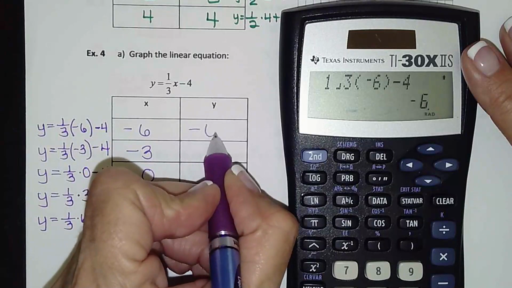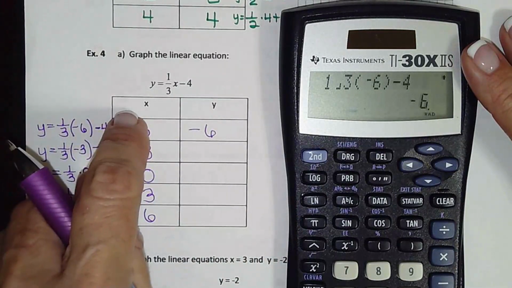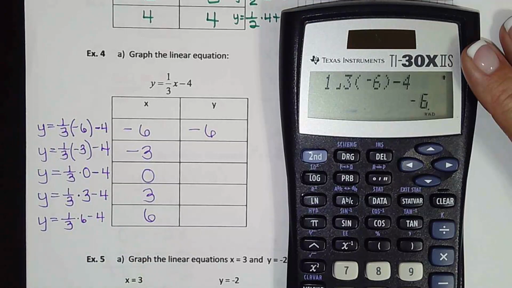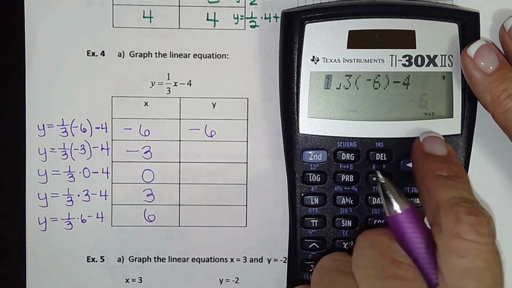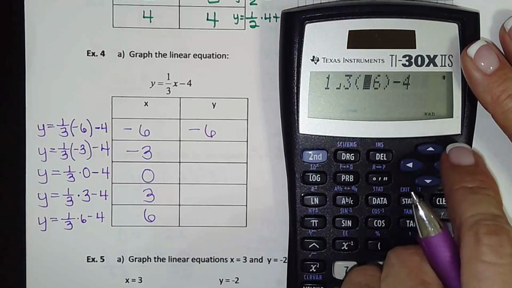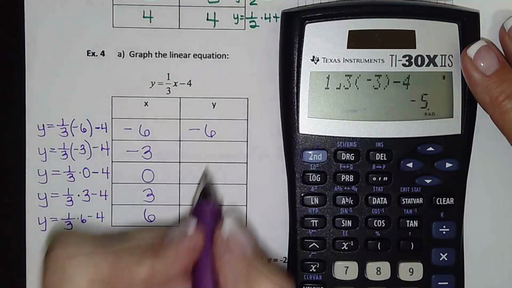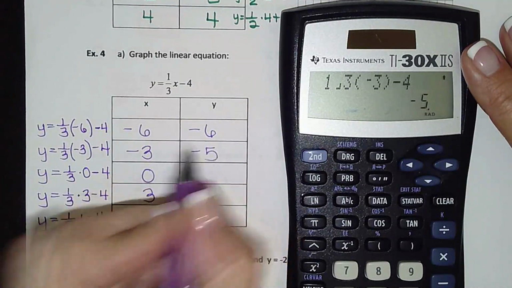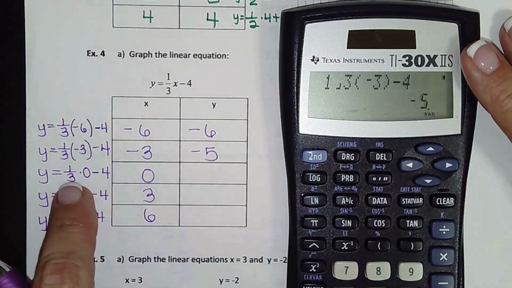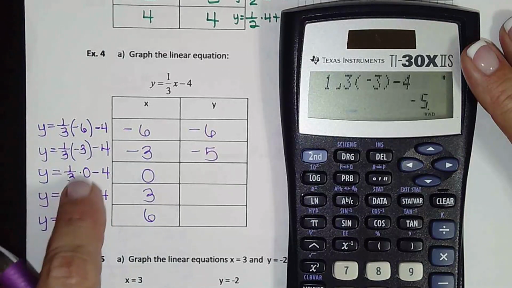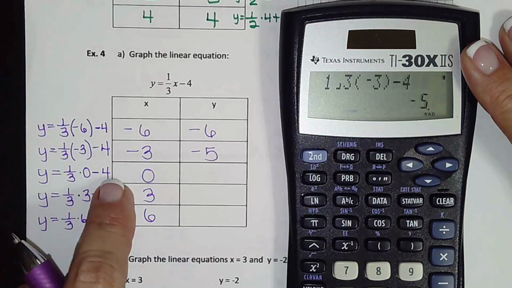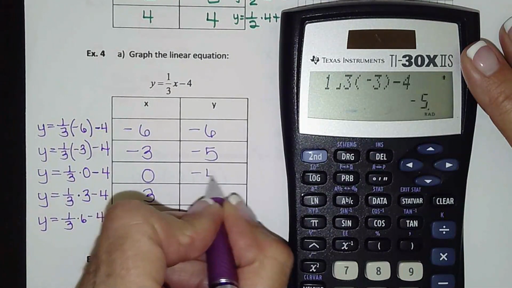So notice I'm not getting any fractions, and that's because I picked multiples of the denominator. Then I hit my up arrow and turn the 6 into a 3. Hit enter, -5. Then, this one we can do in our head. 1/3 times 0 is 0. Minus 4, -4.